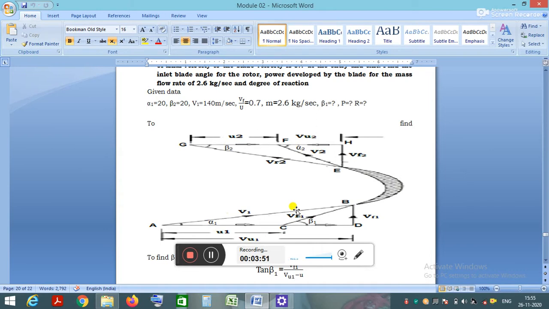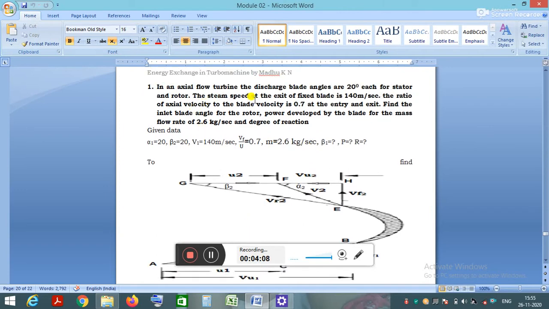Nozzle or the stator. It is the velocity with which it enters the moving blade. The steam speed at the exit of the fixed blade is 140 meter per second.